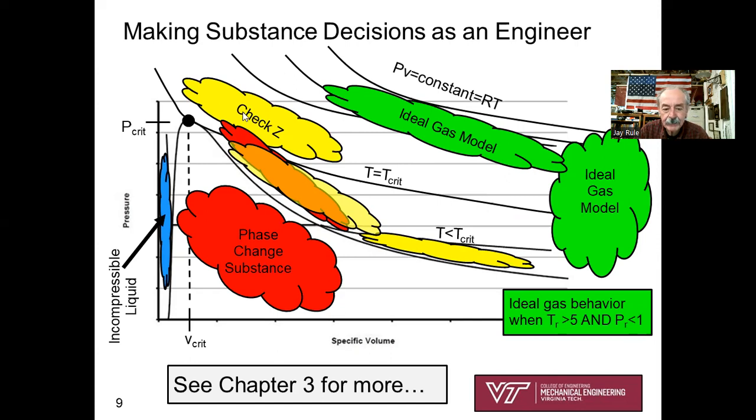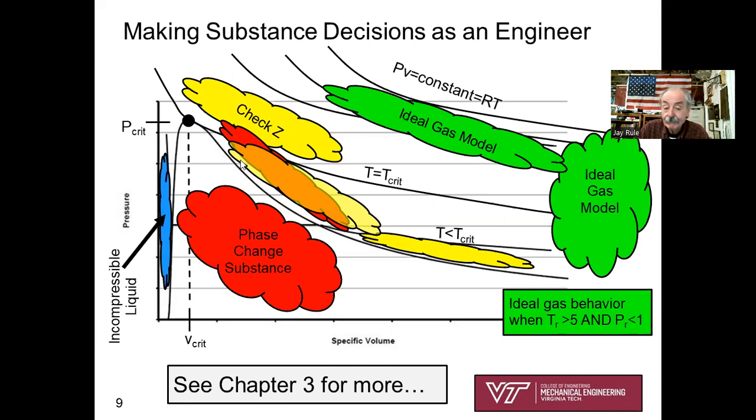Now, notice here I've changed. Look over here in red, there are many times when you are very close to the vapor dome, when you have steam, or refrigerant, where you recognize in your head that you have a substance that's going to be a phase change substance. That's a no-brainer. You don't have to check Z for situations like that.